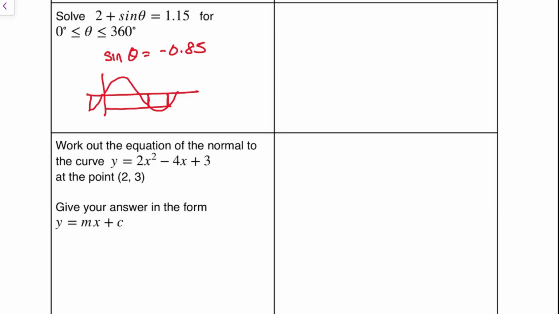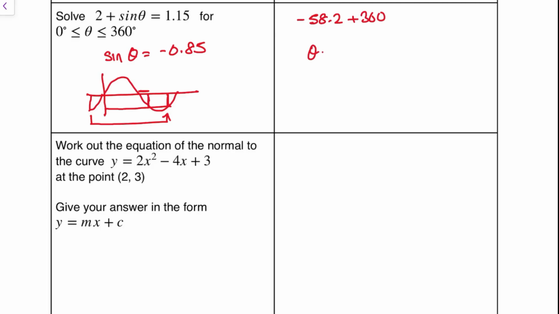My calculator tells me that inverse sine of minus 0.85 is minus 58.2 degrees. So I'm going to need to add 360 in order to move from here over to here. Then I need to recognise that this gap here is also 58.2, so I'm going to do 180 plus 58.2.